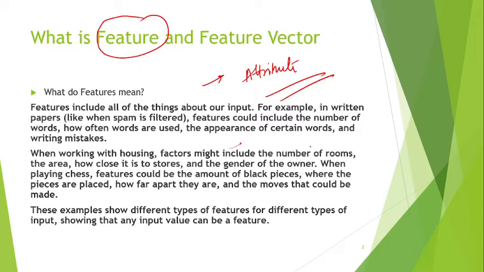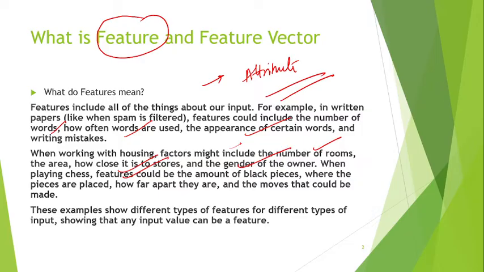Factors might include number of rooms, area, how close to the stores, and what facilities are available. For example, if I take an input of spam mail, features include the number of words used, the proportion of certain words, and everything. It is something which can explain the important properties of the thing.